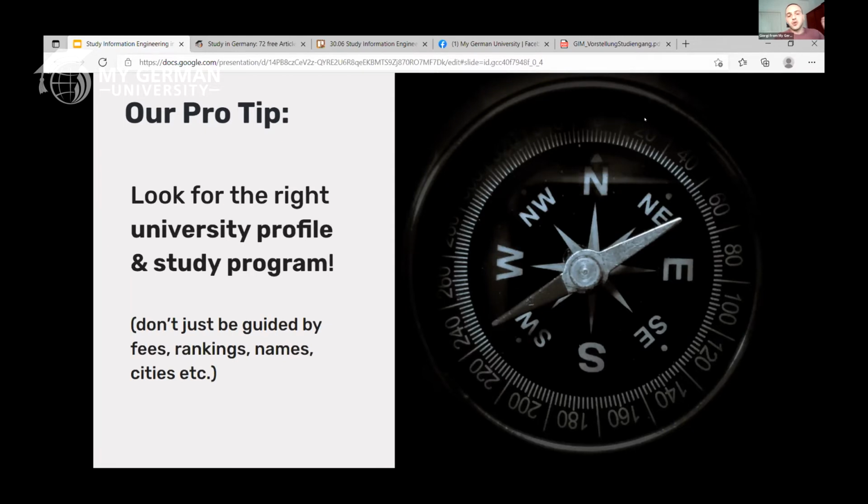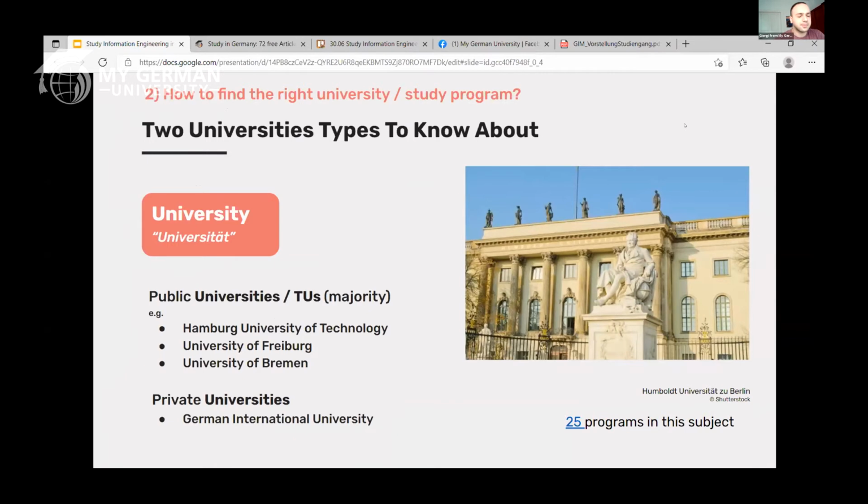But not all of them are mentioned in the top places in the international rankings, so you can miss them out. In order not to miss them, don't focus only on rankings, or just on Berlin or Munich, which are quite popular. Of course, they have great universities, but there are also other towns and cities in Germany that can provide you with a really high quality of education. So keep that in mind while searching for universities.